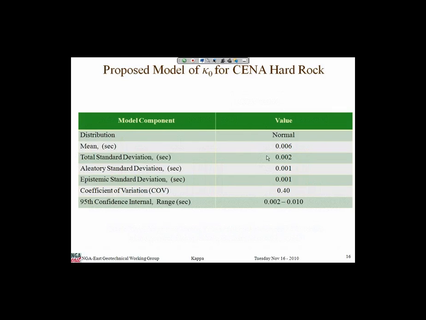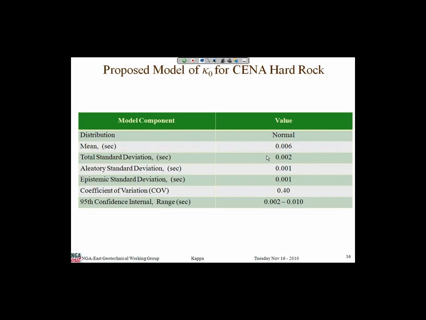I'm not a proponent at this point. I'm just showing you some statistics, like Yusuf did, proposing a normal distribution, mean of about 0.006. Total standard deviation of about 0.002. That's close to that coefficient of variation of 0.4.